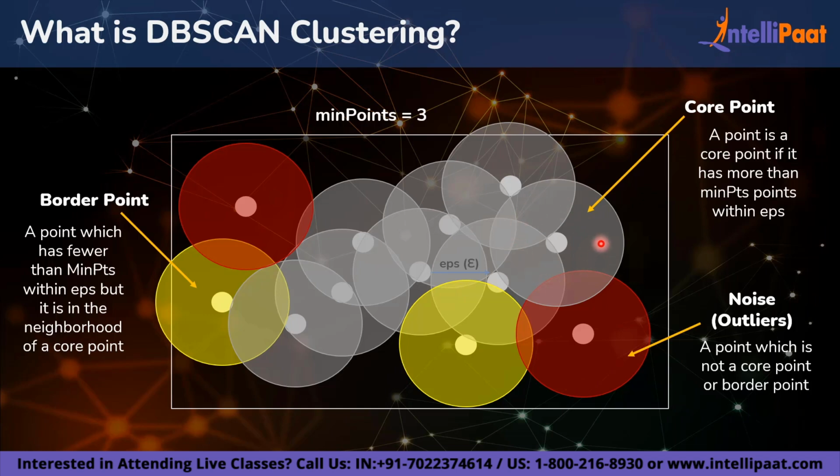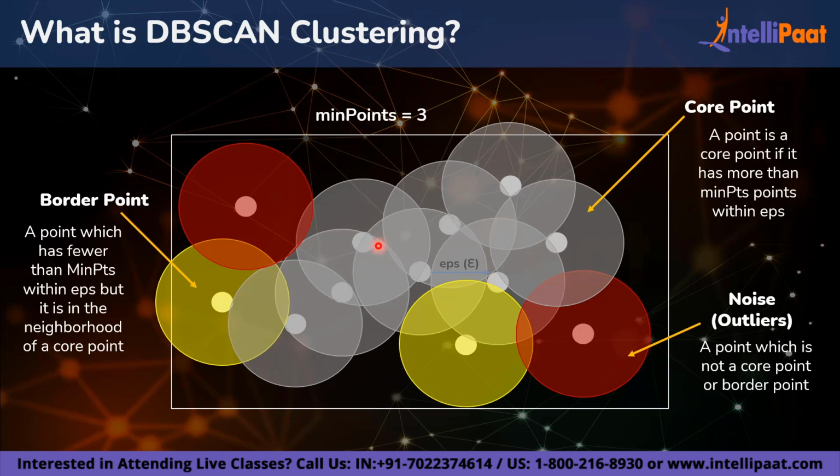These 3 data points are inside this epsilon radius. The same goes for this one: you can see 1, 2, and 3. Like that, all of these core points have at least 3 data points inside their epsilon radius, and that's why they are called core points for this random data set.